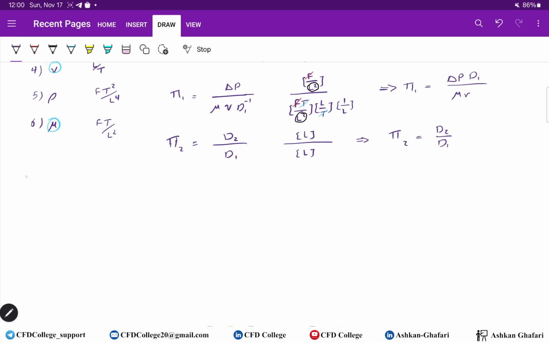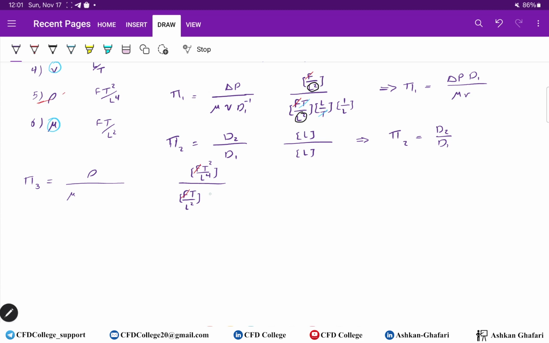And the last one, pi 3, we should pick rho. The unit is F T squared over L to the power 4. We should put viscosity to cancel, F T over L squared. So F is gone. We need T, time.